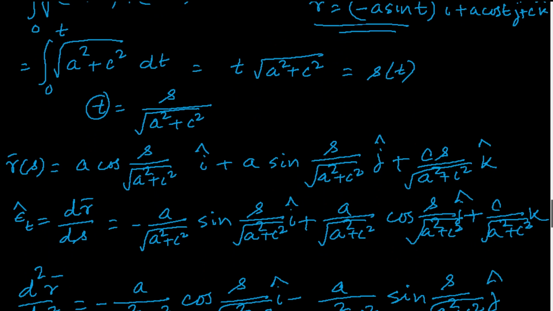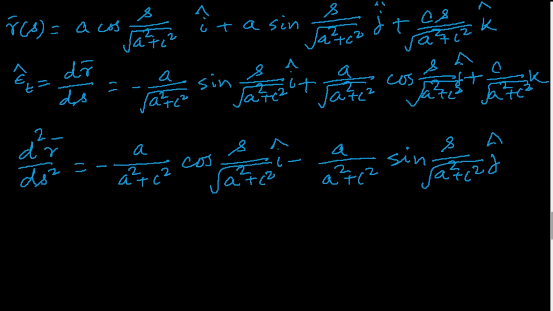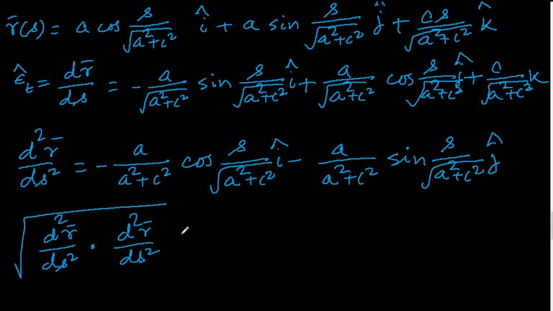So what you can do is, basically, I'll write d squared r over ds squared, you just dot it with itself and take the square root.